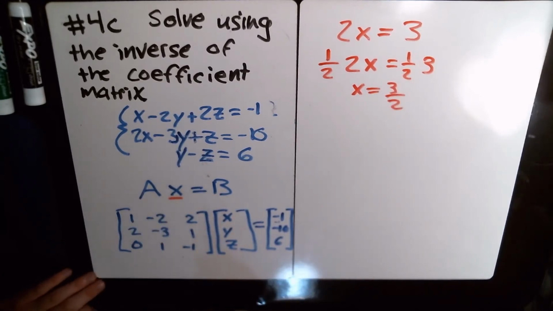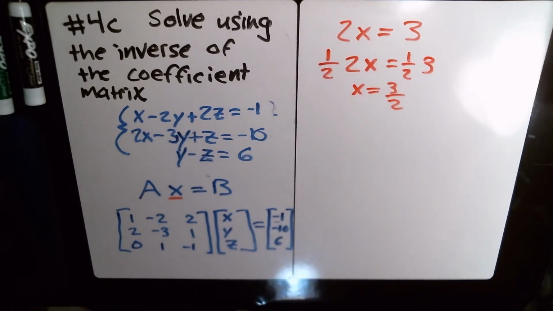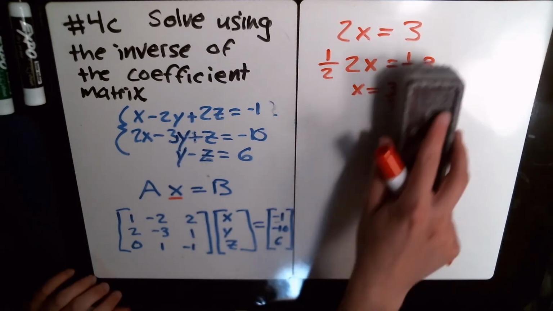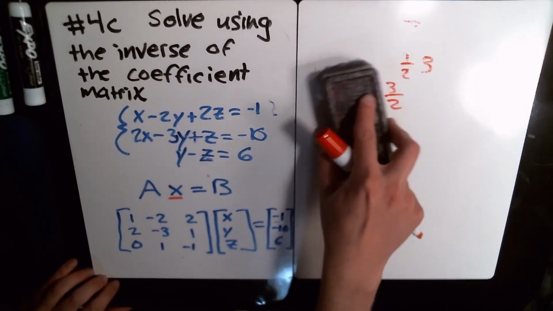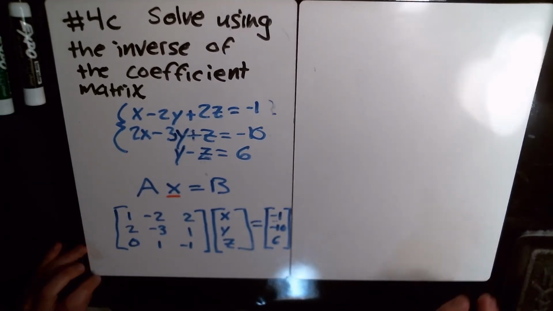The same thing is going to happen here, only for matrices, this idea of dividing is what's called the inverse matrix, okay? And it is kind of like doing a fraction of the matrix, but it is actually a matrix itself.